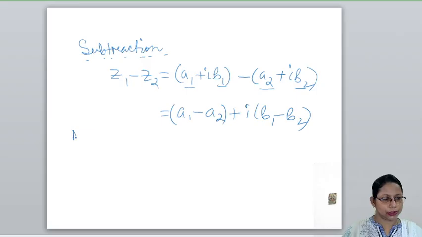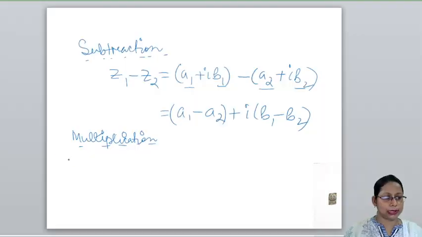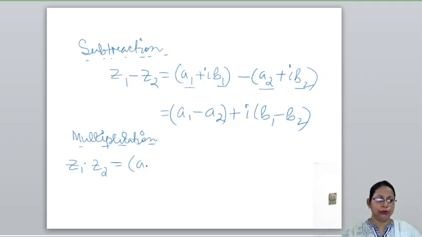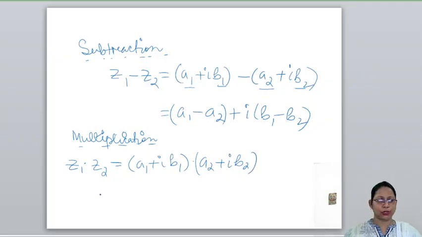Next is multiplication of two complex numbers. What will be the product of these two complex numbers? So multiplication, that is z1 dot z2. If you multiply these two, a1 plus i b1 is my z1 multiplied with a2 plus i b2, that is my z2.